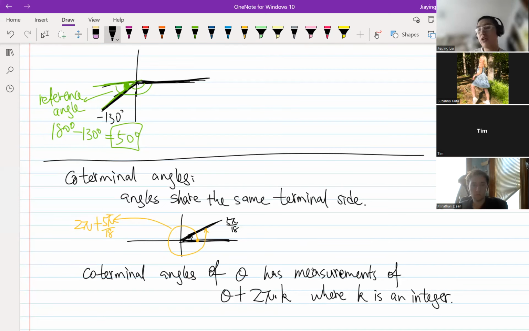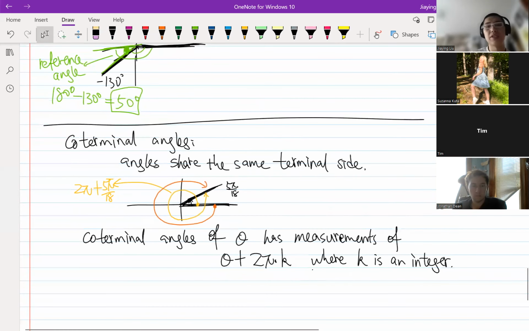But in this case, k could also be negative. k doesn't have to be positive. If k is negative, we just have the angle minus 2 pi. So that will be the case when we have a negative angle. For example, if I draw this angle starting at the positive x-axis and then go clockwise to that terminal side, how big is this angle? Well, that angle is going to be the difference between 2 pi and 5 pi over 18, but it's negative because it's going clockwise.